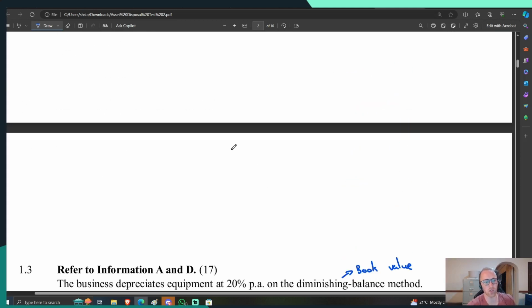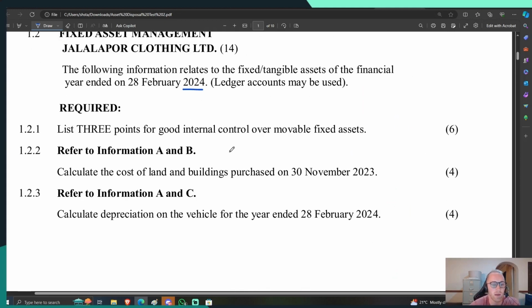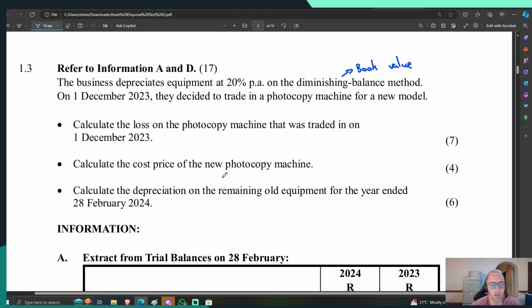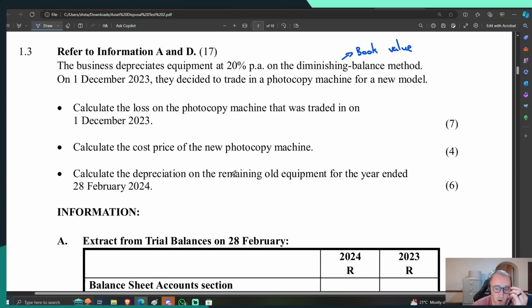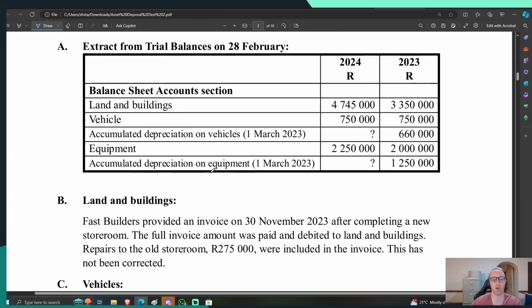So for this question, it says, calculate the depreciation on the remaining old equipment for the year ended 28th of Feb 2024. So we started this year with 2 million rands worth of equipment. So that is our old equipment. However, remember that we disposed of some of our old equipment. So when we want to calculate depreciation, we have to take out the bit of disposed stuff.